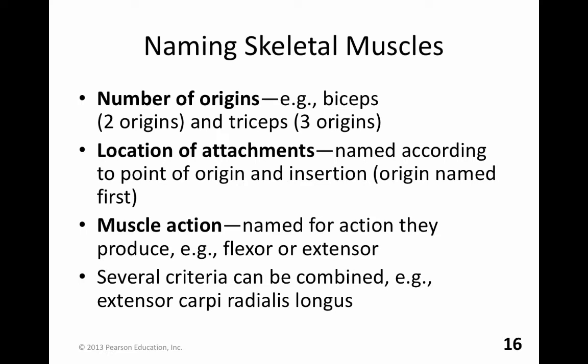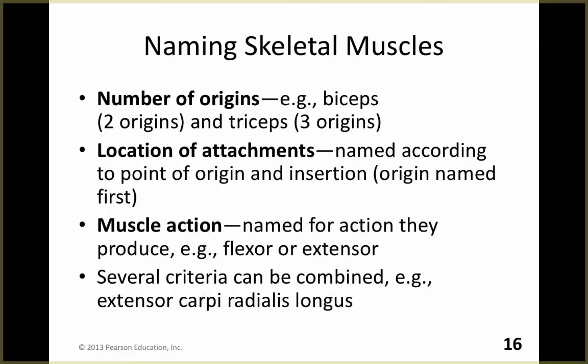So if we're talking about the extensor carpi radialis longus, when we're talking about the different parts, right? This part right here is going to be for the muscle action. This right here is talking about the location of the origin, and that's, of course, in the hand.